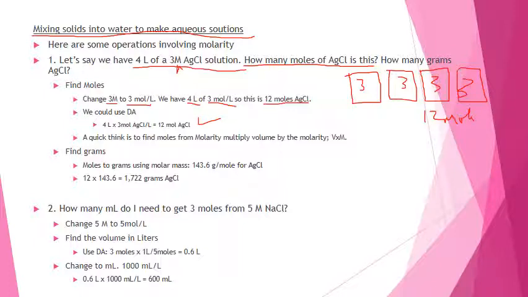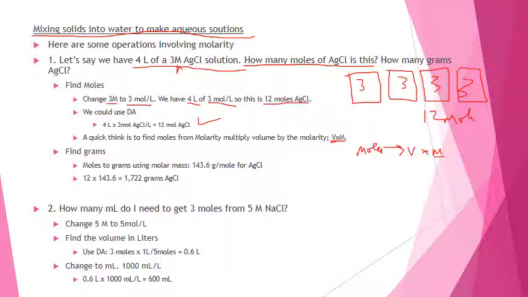Now, a quick way to know this is to figure out moles: you can simply do volume times molarity. This will be used a lot. So moles, for solutions, is equal to volume times molarity, big M. That's what we did up here.